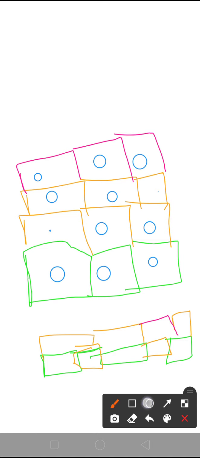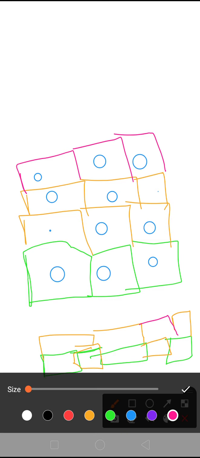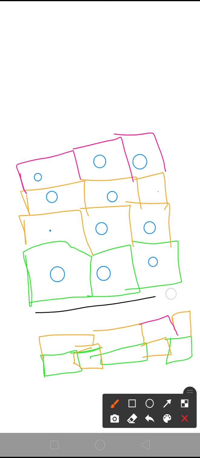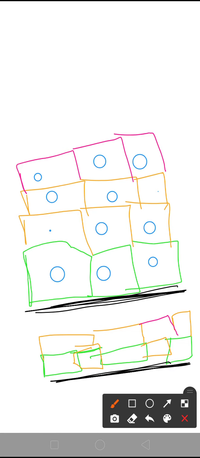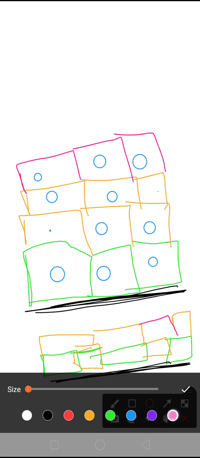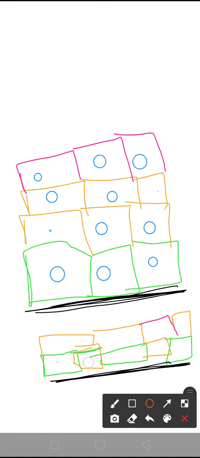And the common thing is that all epithelial tissue lies on a non-living basement membrane. So this also lies on a non-living basement membrane, and these cells have the nucleus at the center. So this is transitional epithelial tissue.